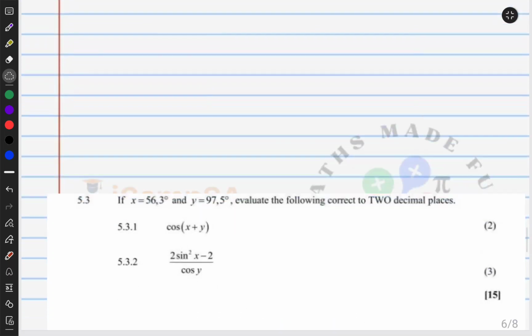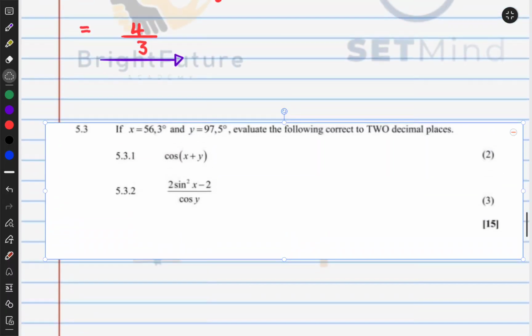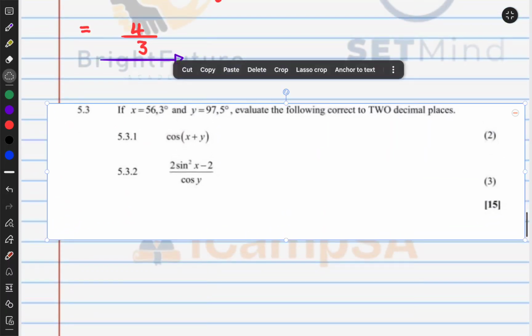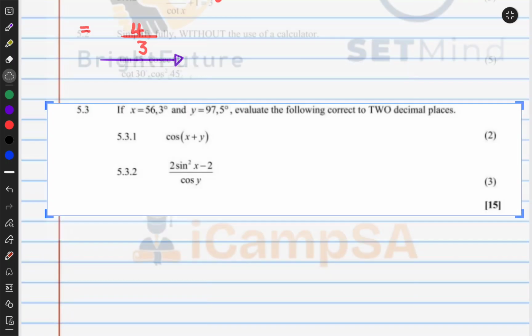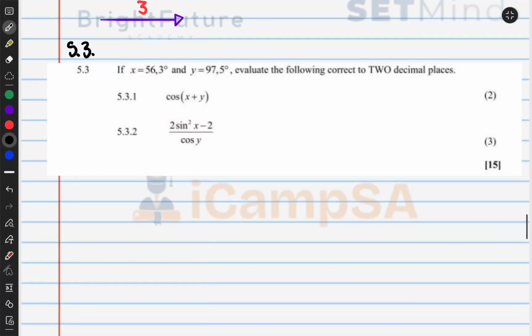We are in 5.3 now. So if x is that and y is that, evaluate the following correct to 2 decimal places.